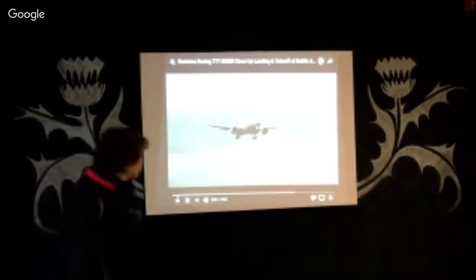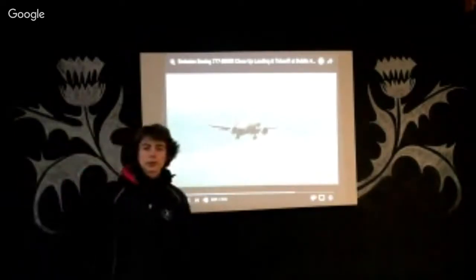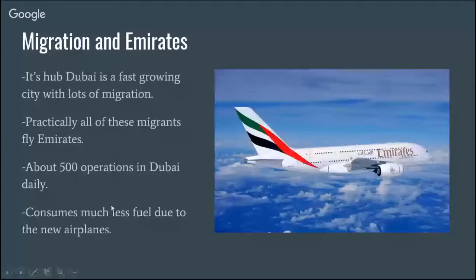Okay, the video is not showing, so the video was going to show the 777 landing and taking off in Dubai International Airport. As I said before, it's an airplane that consumes less fuel than older ones and produces less noise.